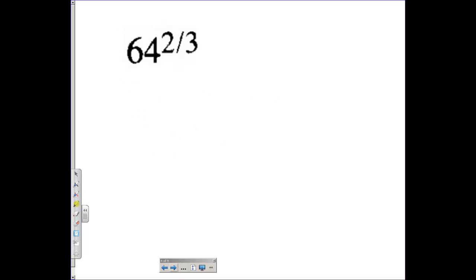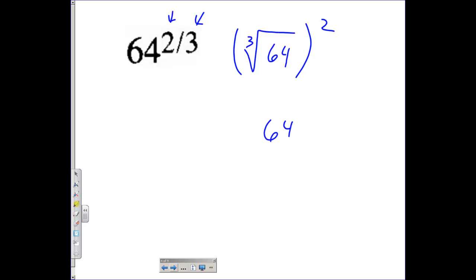Okay, for our next example, keep in mind that this is the exponent of the power, and this is the root. So I have two options. I can do the third root of 64 and then raise it to the second power, or I can do 64 to the second power and then take the third root of that. Well, I'd rather do the top number first.